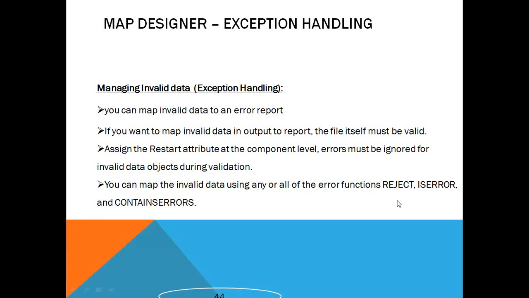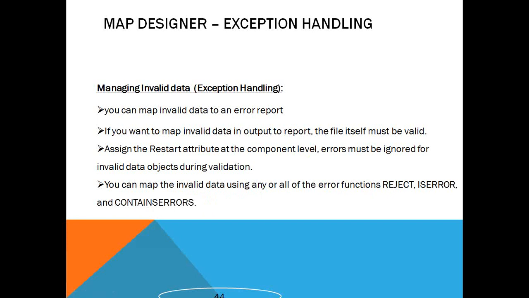So you can map invalid data to an error report. If you want to map invalid data in output to a report, the file itself must be valid. Assign the restart attribute at the component level. Errors must be ignored for the invalid data object. So if we put the restart attribute, errors will be ignored. You can map the invalid data using the error functions: reject, is error, contains error.